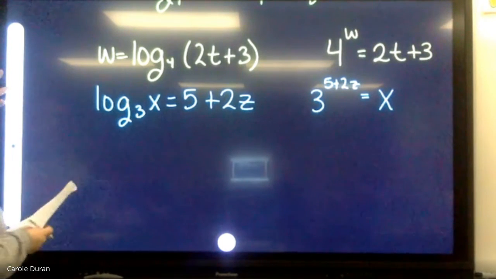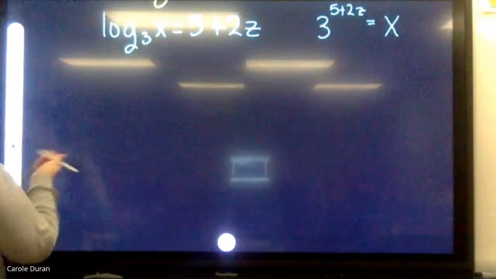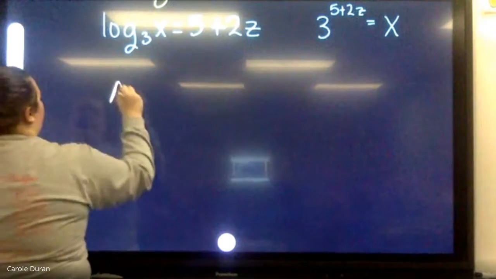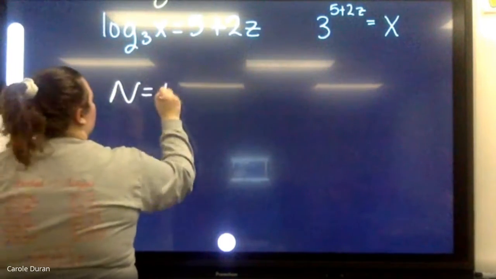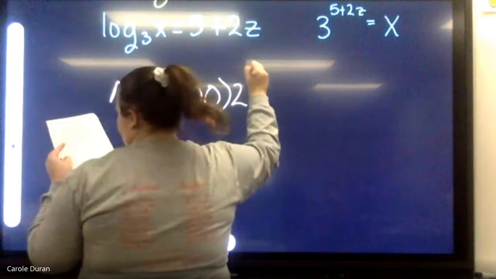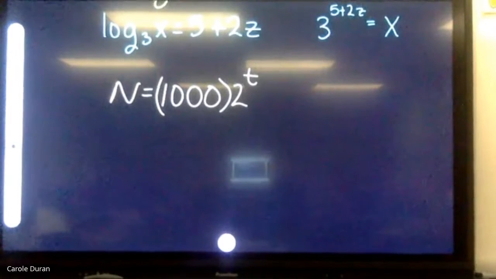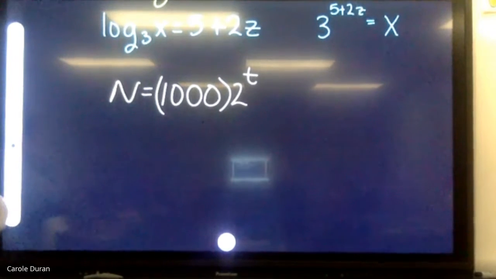Okay. So now let's use this to solve a problem we would actually have, because we've actually dealt with it. Let's say I have the function n equals 1,000 times 2 to the t. My goal here is to solve for t. What would be the first thing I would do here?